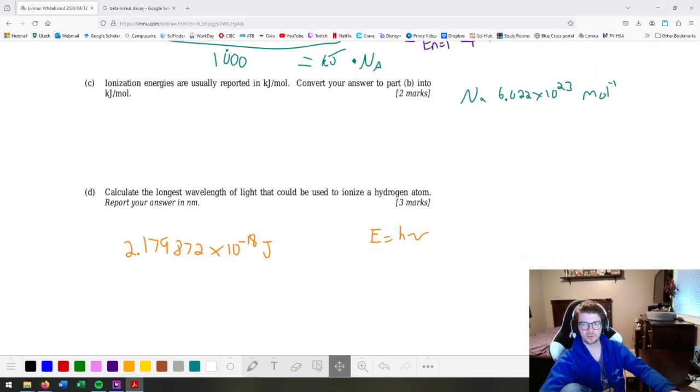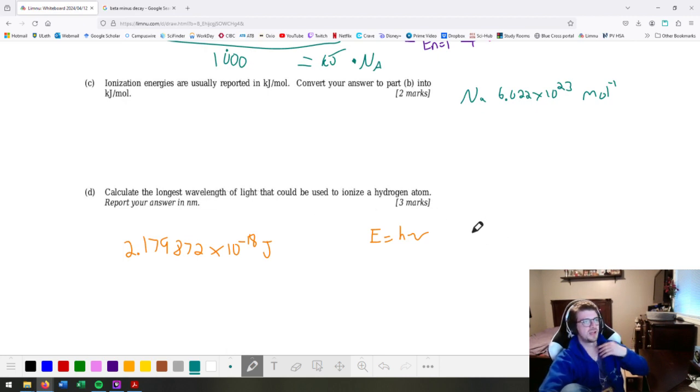Just want to make sure that I've got that right. Okay. All right. So we're going to use another equation as well. This is the frequency of the photon, but we're asked to do it in wavelength.